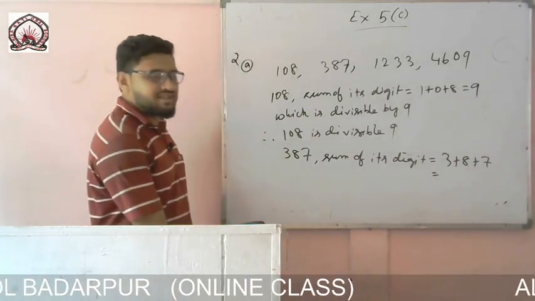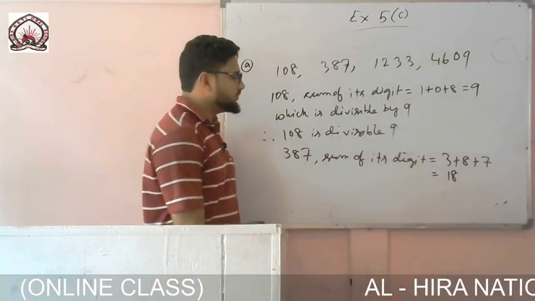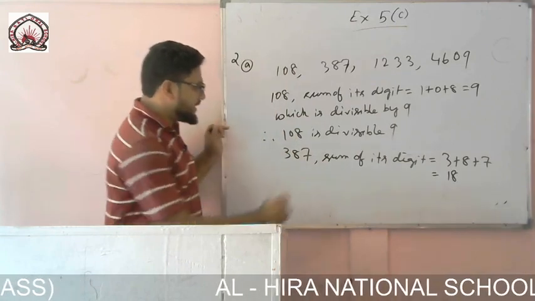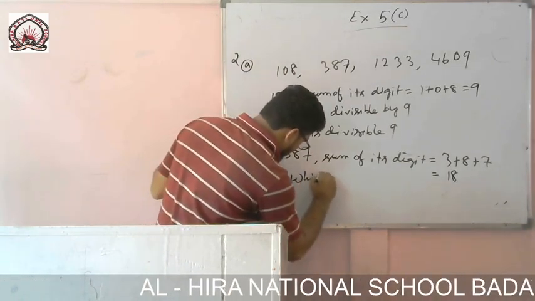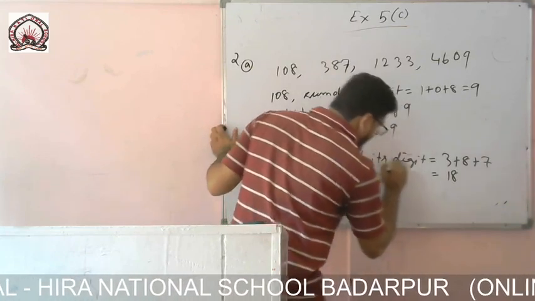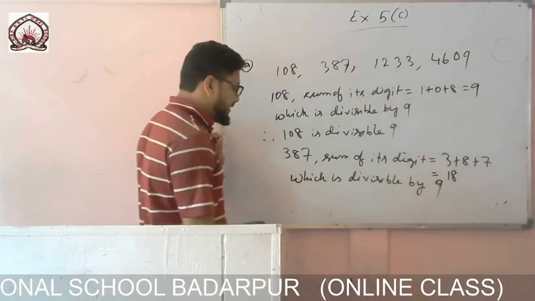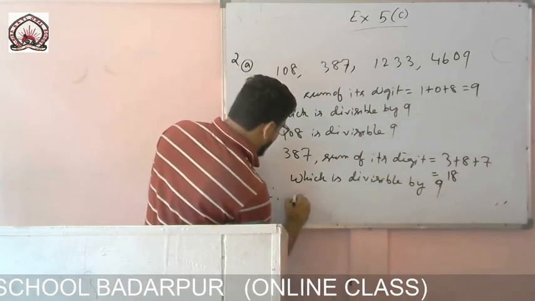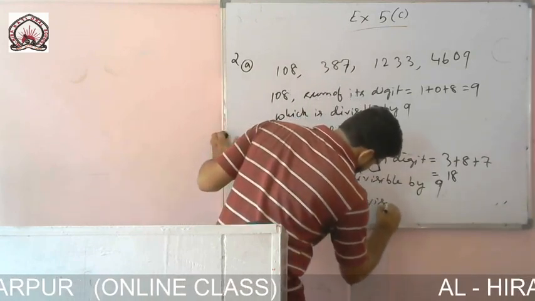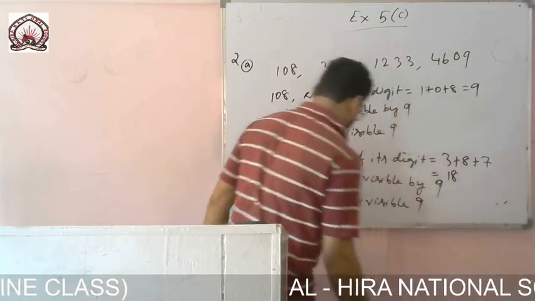Okay, 11 plus 7, it is 18. So 18 is divisible by 9, 9 twos are 18. Therefore 387 is divisible by 9.